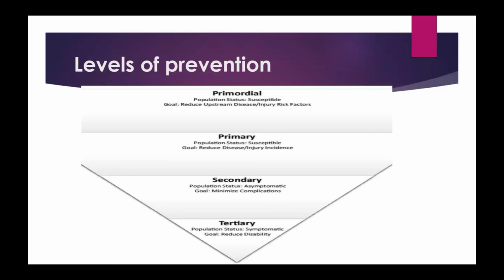Next, secondary prevention. It can be defined as action which halts the progress of a disease at its early stage and prevents complications. So in secondary prevention, by the intervention we halt or stop the further progress of a disease.